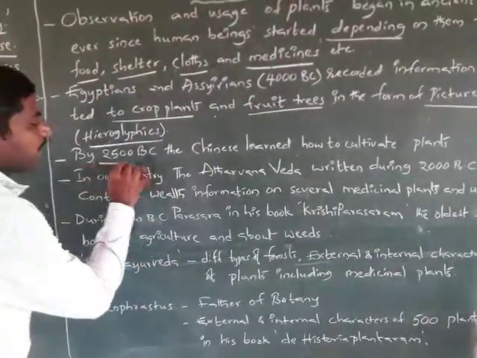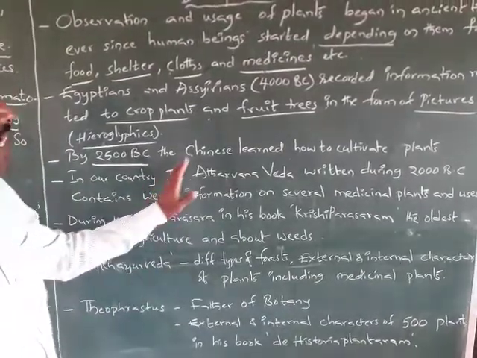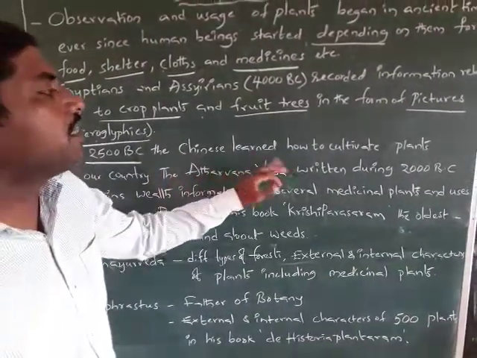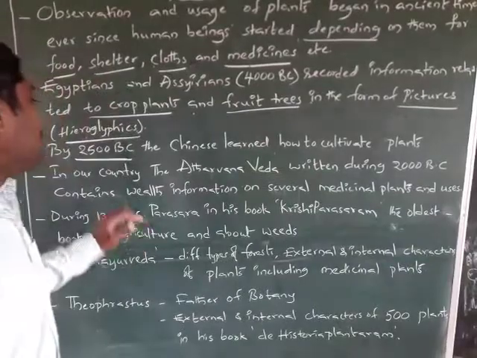By 2500 BC, the Chinese learned how to cultivate plants.